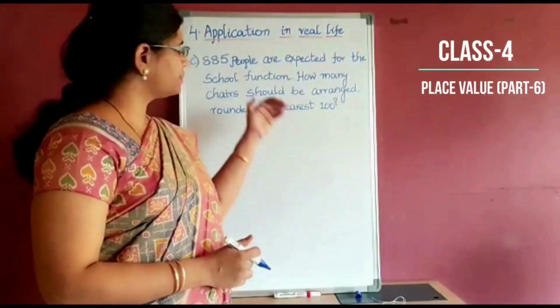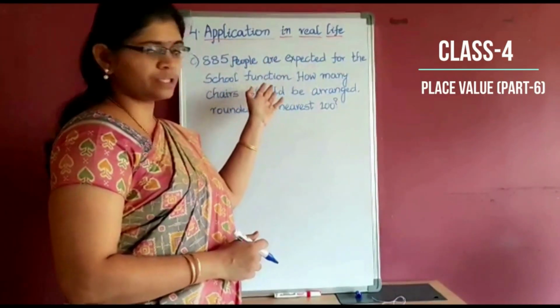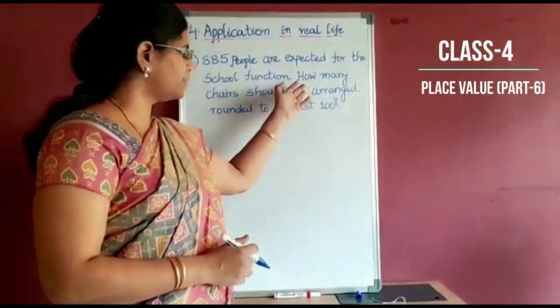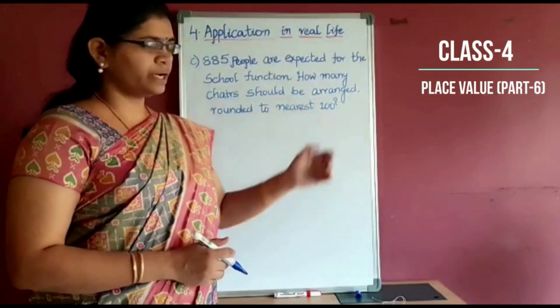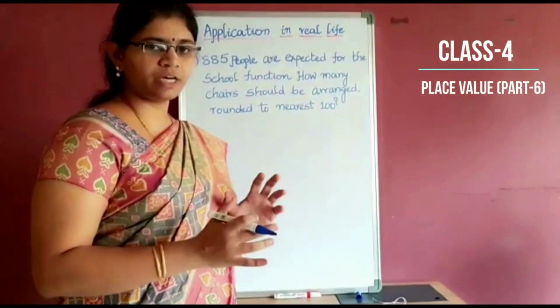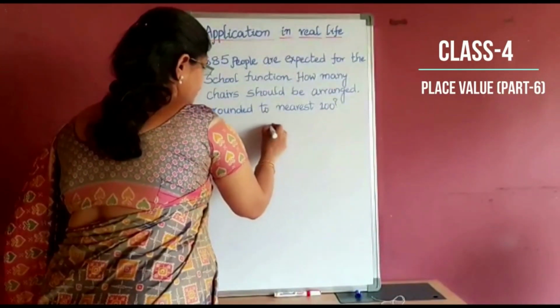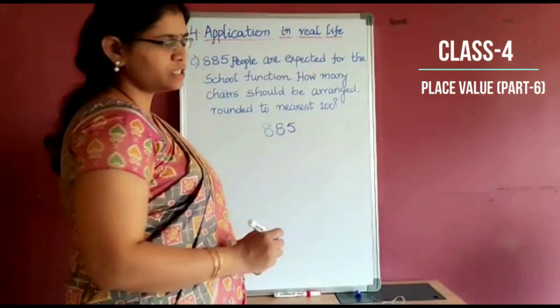Let us see the next one. 885 people are expected for the school function. There was a school function and 885 people were expected there. How many chairs should be arranged, rounded off to the nearest hundreds place? So 885, let us round off to the nearest hundreds place.